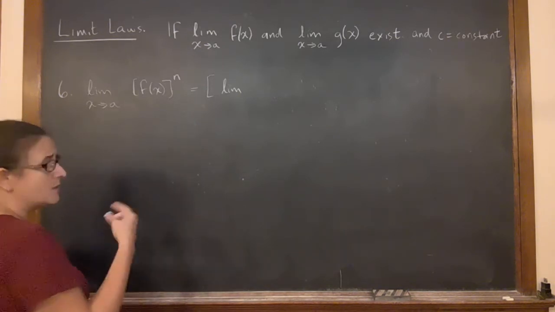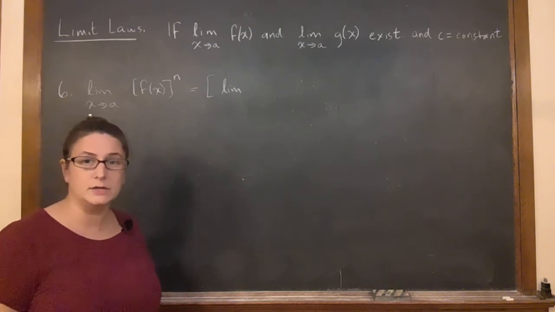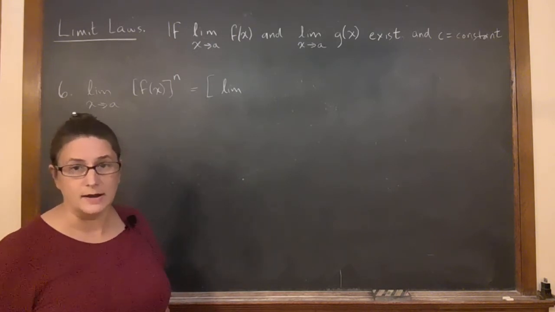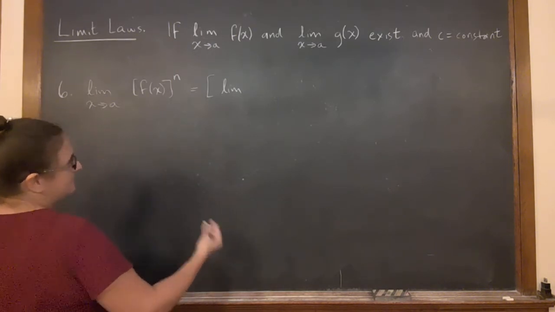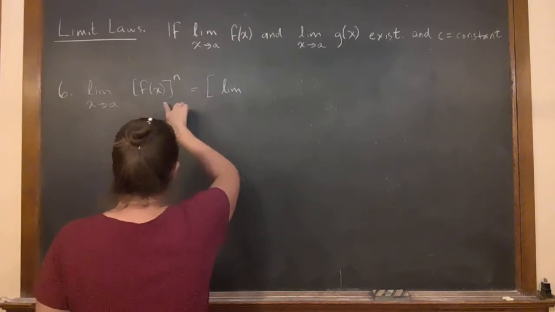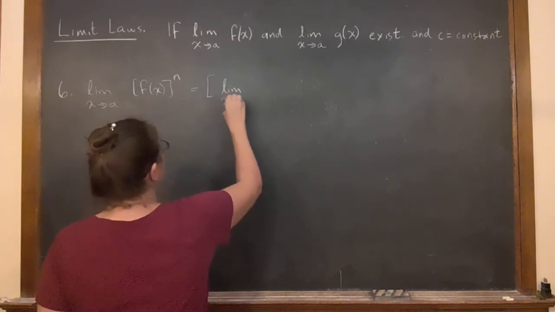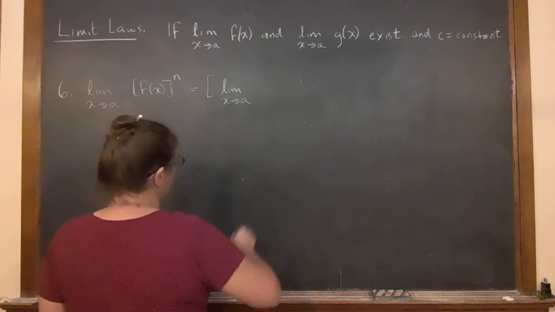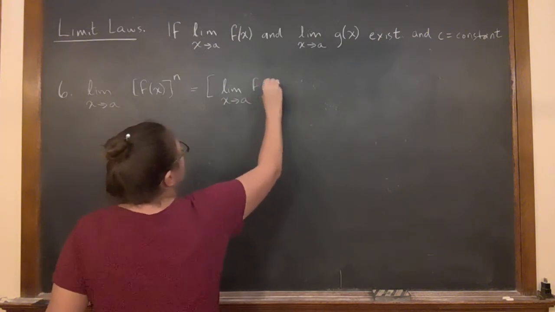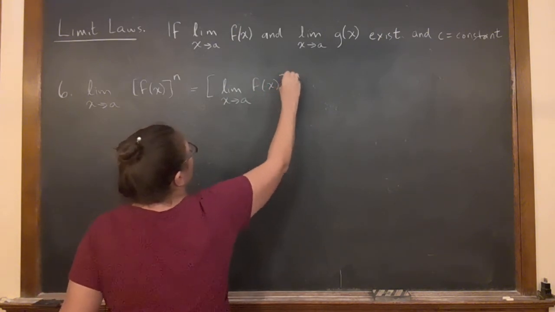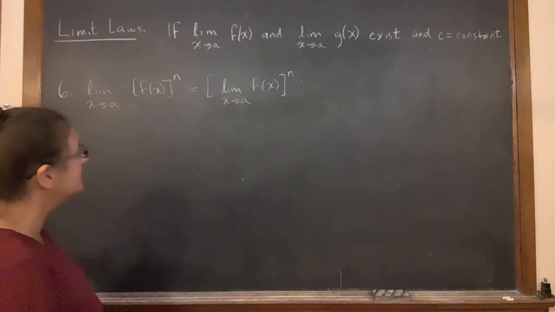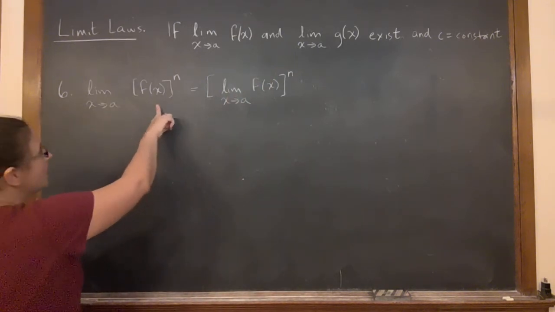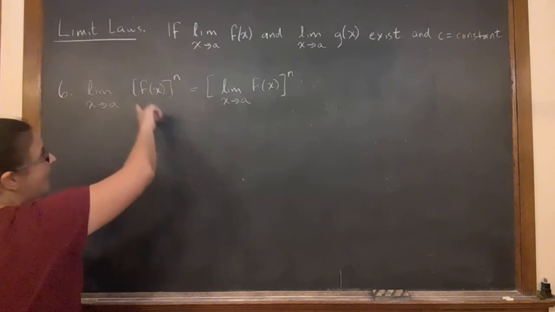So let's say you're just multiplying f by itself. You just get f squared. And if you're multiplying f by itself n times, you're going to get this. And then if you recursively use that same rule, you're going to get that. So basically, I can pull this limit underneath this power.